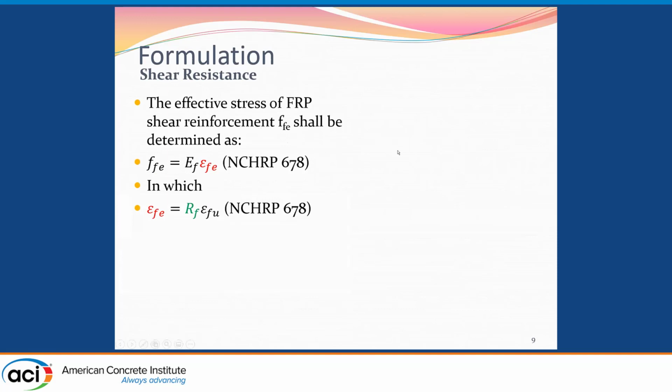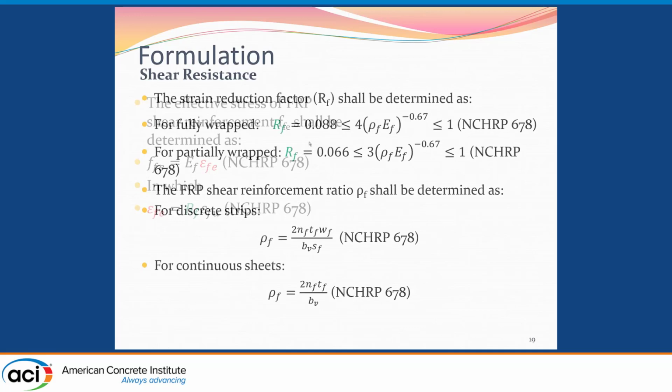The effective stress of the FRP through the NCHRP report number 678 is simply calculated through a reduction factor. So the effective strain is just a reduction factor times the ultimate strain of the FRP, which is epsilon fu. This reduction factor is presented in two equations, if you have a fully wrapped or you have a partially wrapped section through discrete strips.